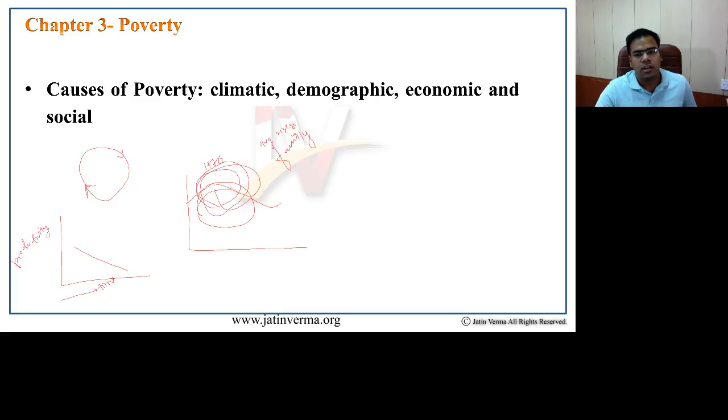Another cause of poverty, economically, as I said, is unemployment. Unemployment is one of the major reasons of poverty, and it arises when the economy is not able to generate a good number of jobs.